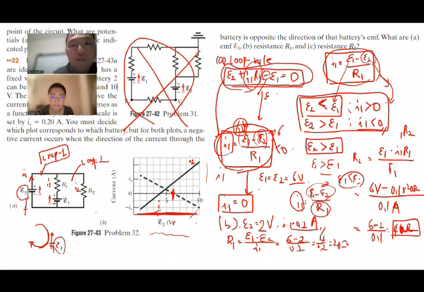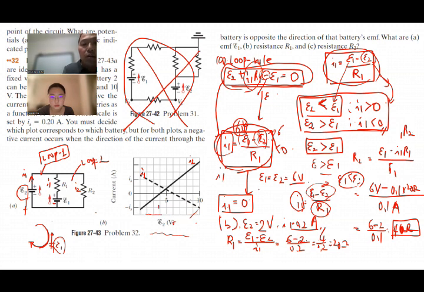The y-axis is just like a global notation indicating the current value on R1 and R2. So the dashed line is I1 and the solid line is I2. That is the given condition, right?